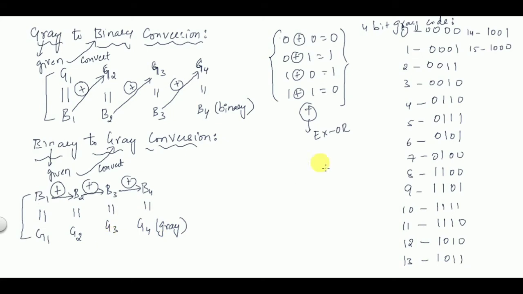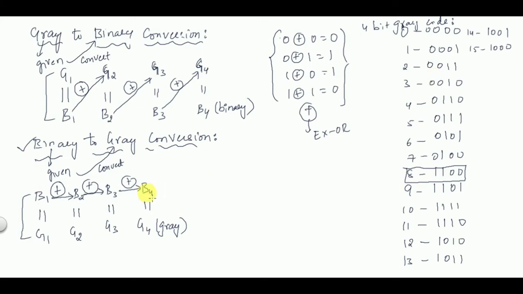Okay, so we'll take an example. Suppose I am taking the example of 8. First I will do binary to gray conversion, and then I'll convert gray to binary also with this same example. Likewise, you can apply it to any number.